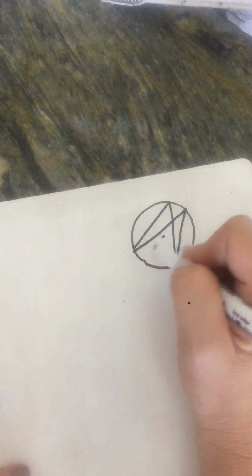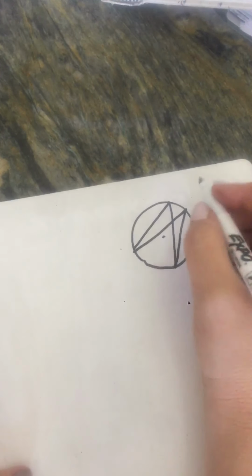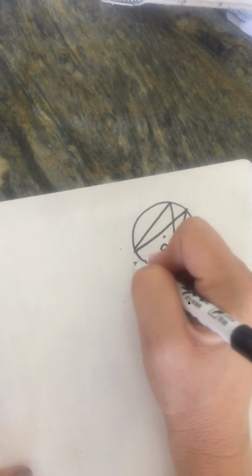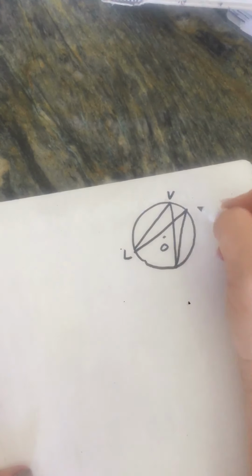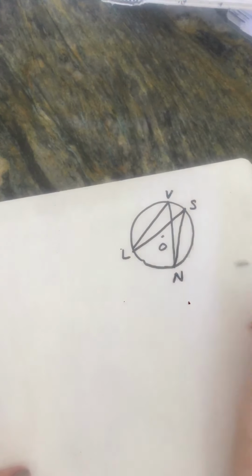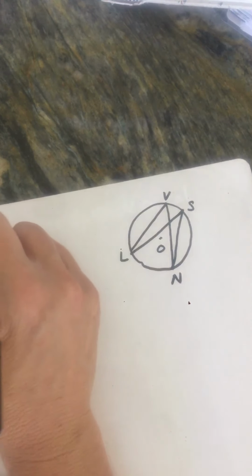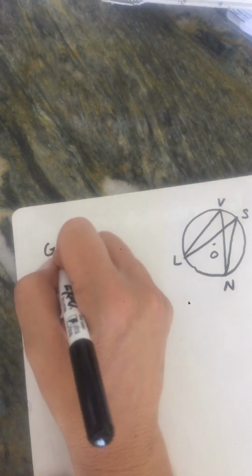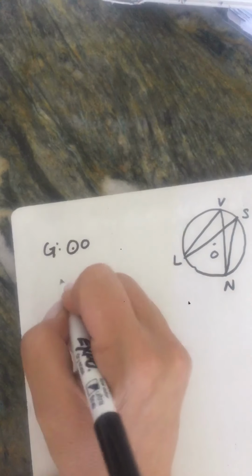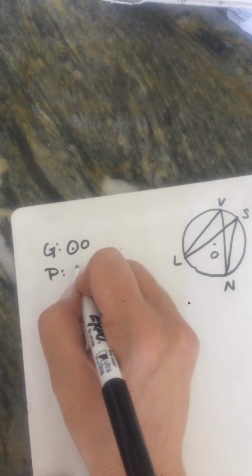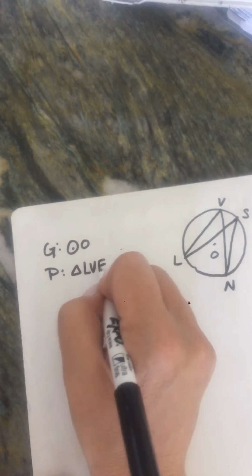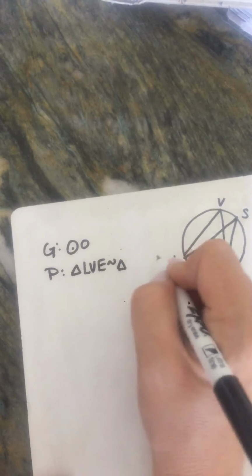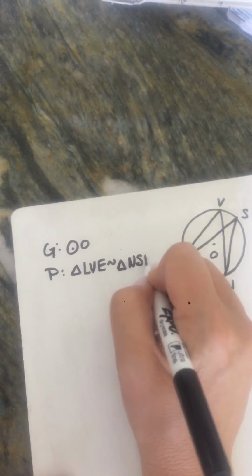Anyway, this is circle O, L, V, S, N. And you are given circle O. You need to prove that triangle LVE is similar to triangle NSE.